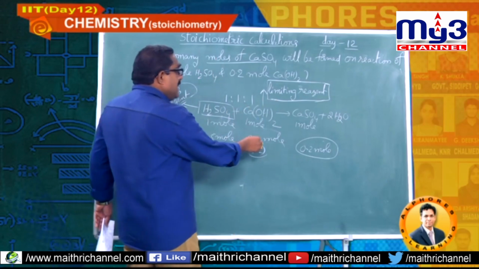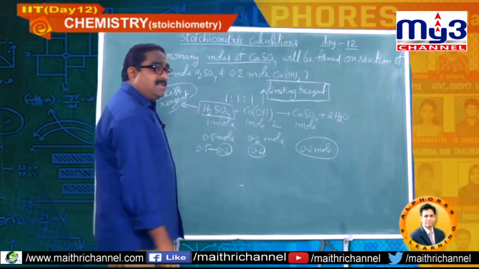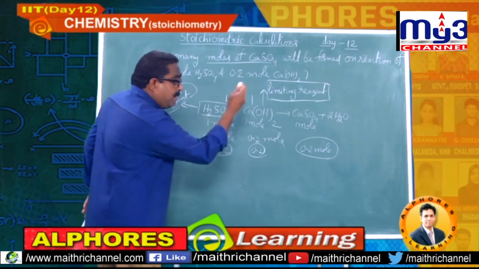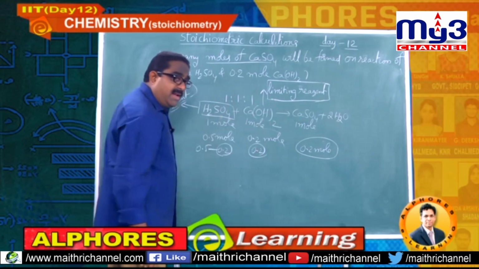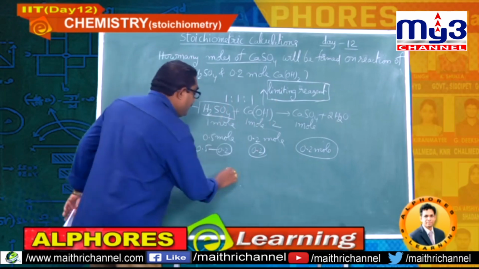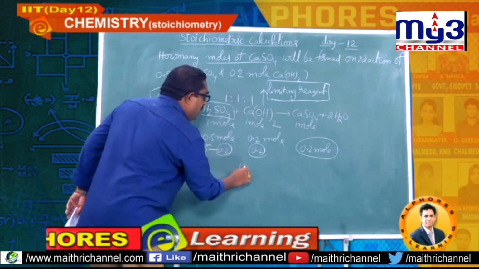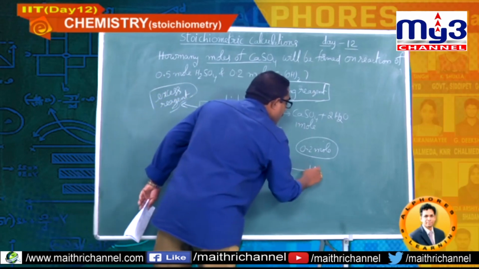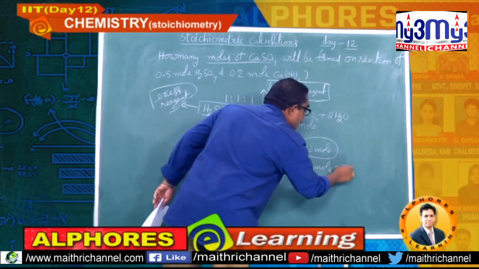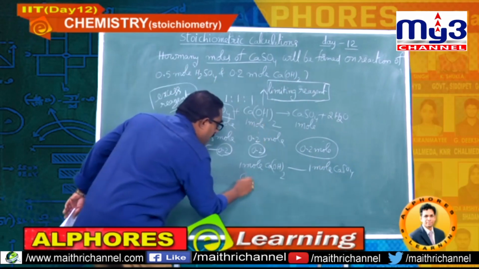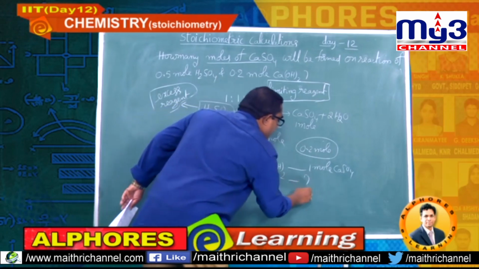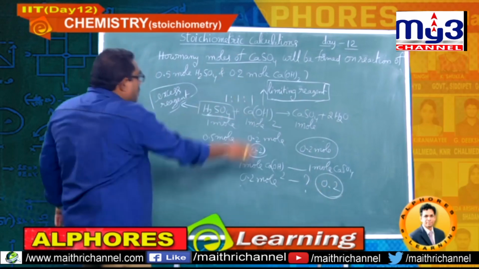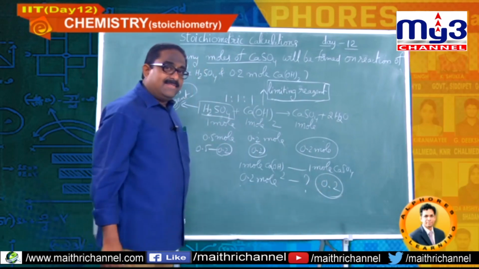Here I have decided calcium hydroxide as the limiting reagent. See, I am writing how I decide the amount of product based on the amount of limiting reagent. Please concentrate. Simply I can write from the stoichiometry: 1 mole calcium hydroxide produces 1 mole calcium sulfate. This time you are given only 0.2 mole of calcium hydroxide. How much? Your answer will be 0.2. We are not supposed to bother about the excess reagent.